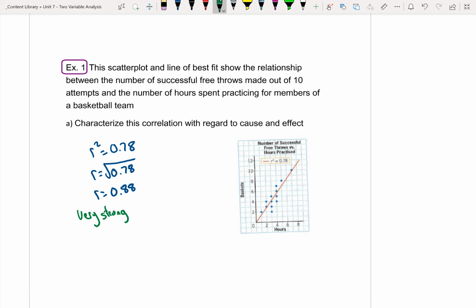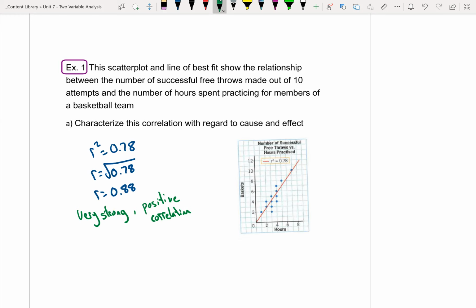Again, it's close to 1. And we could say that it is a positive correlation, because we can tell based on the direction of the line of best fit.